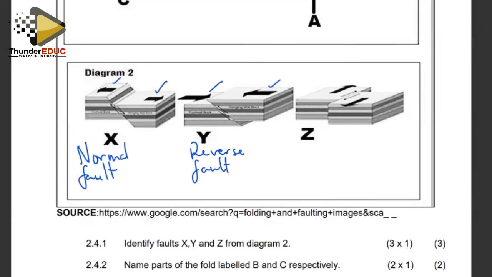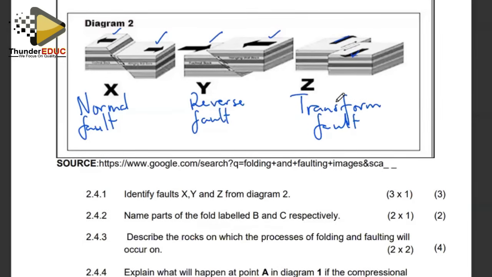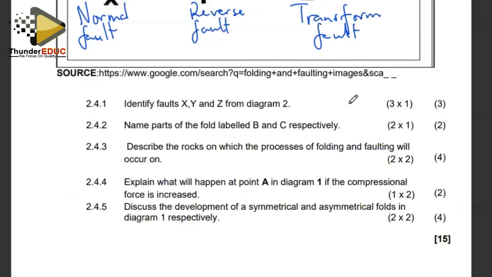And for Z, we are seeing opposite directional movement of the force. That is called a transform fault. So it's a normal fault for tensional forces, a reverse fault for compressional forces, and a transform fault for side forces.